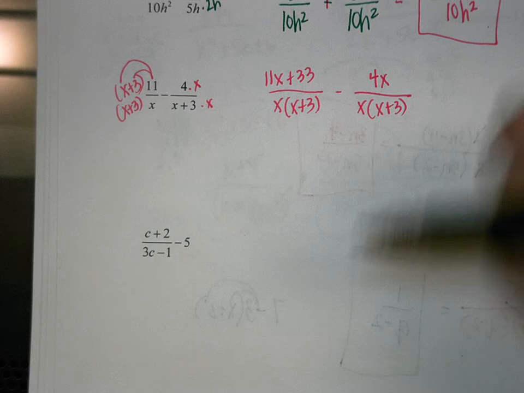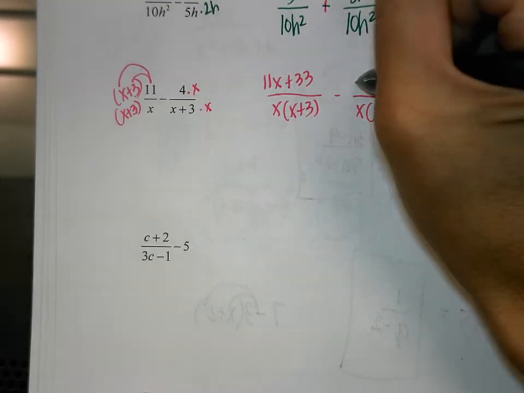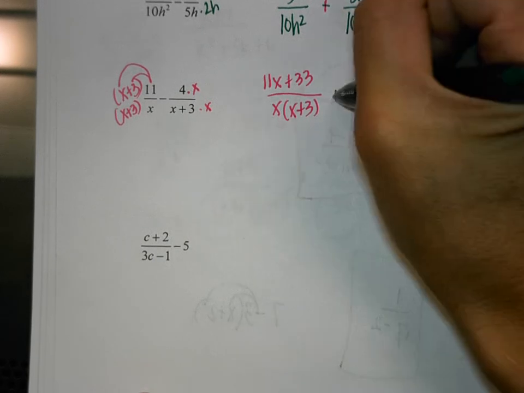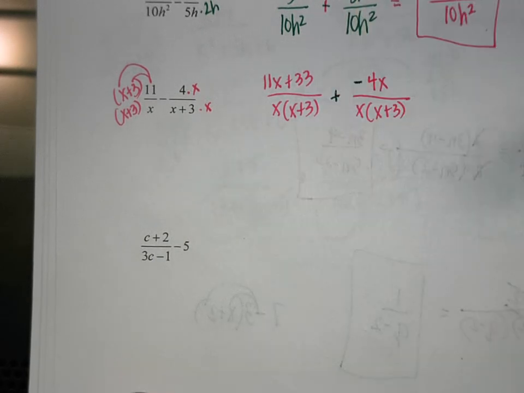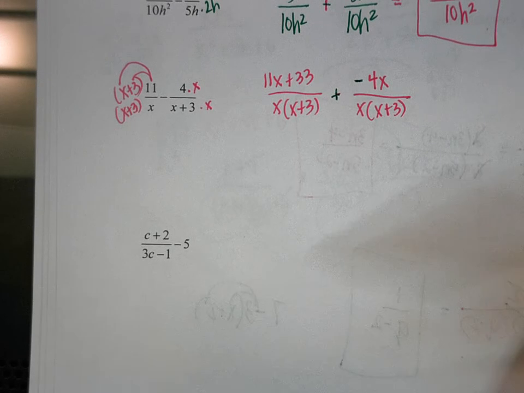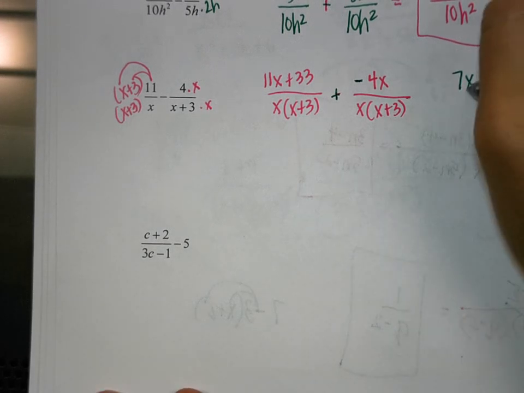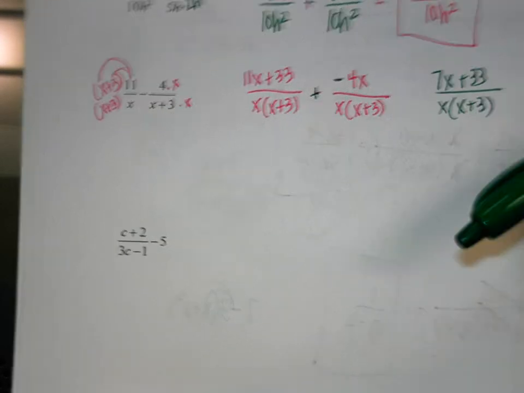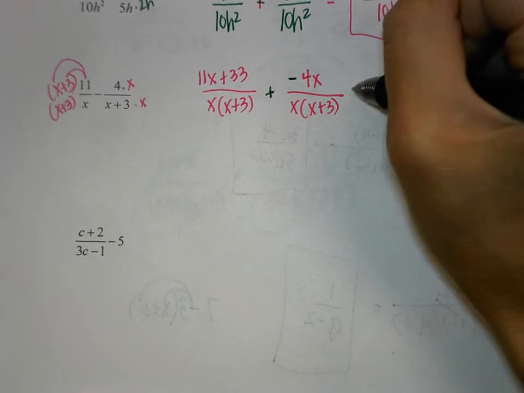Good, distribute that negative. So the 4x becomes a minus, and then this becomes a plus. And 11x minus 4x makes 7x plus 33 over x times x plus 3. And can I factor anything out? Oops. No. And so this is my answer.